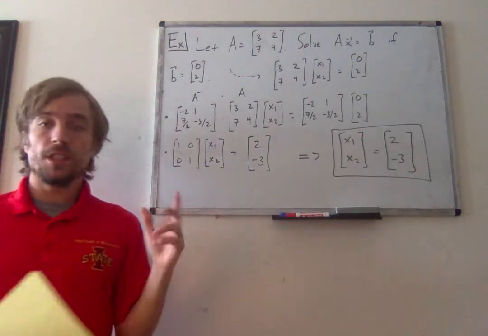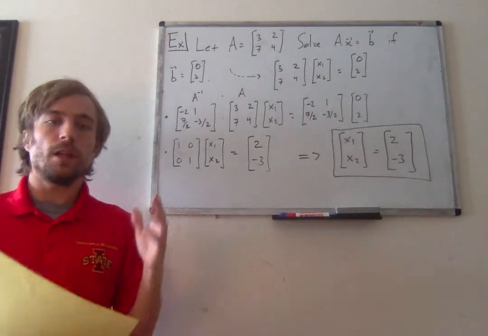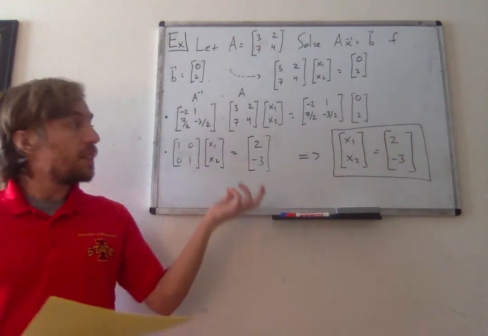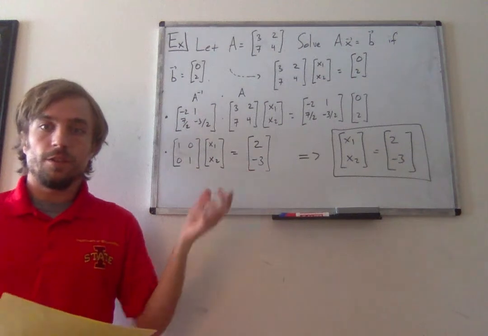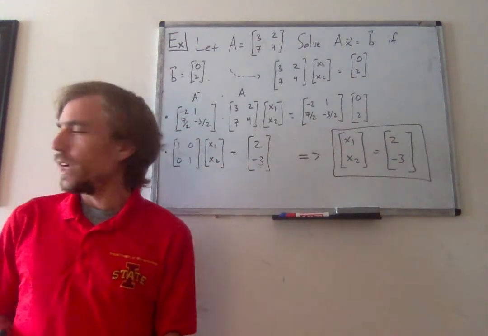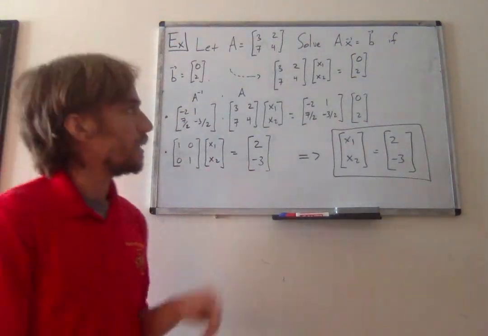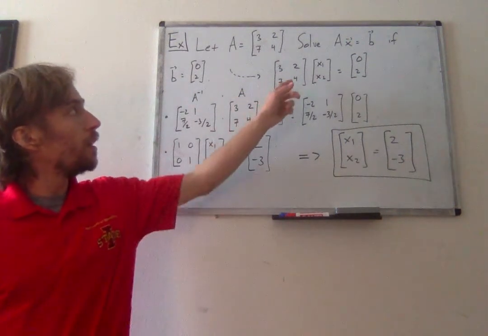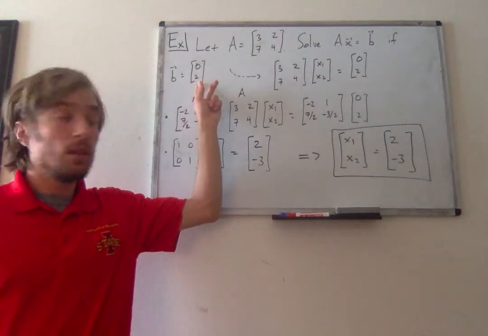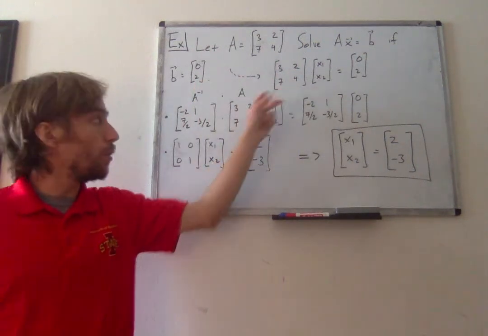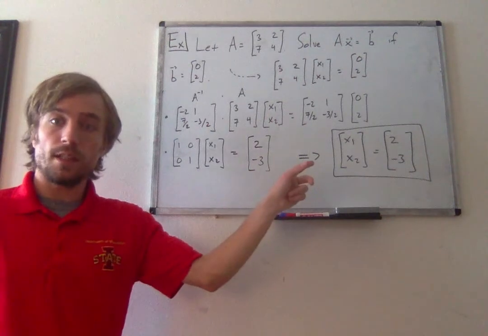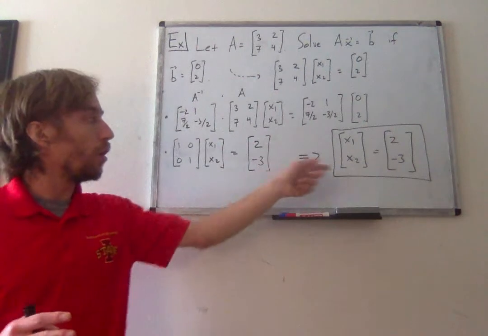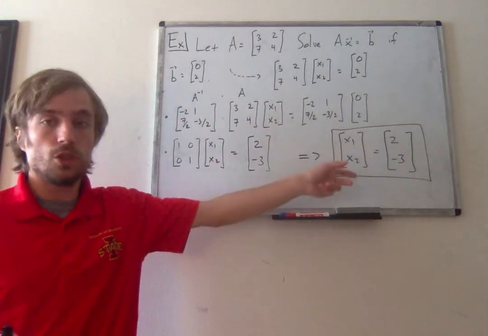So what inverses now do, and I will state this as a theorem and we will finish, is give me this very nice way of solving this matrix equation AX equals B. What's more, notice, you could have given me any vector B, and because this matrix was invertible, I could have done this exact same process with any single vector B you gave me, and solved for x1, x2 that made this equation true.